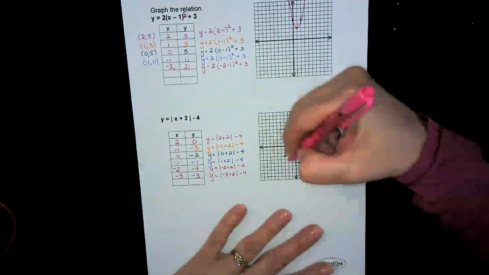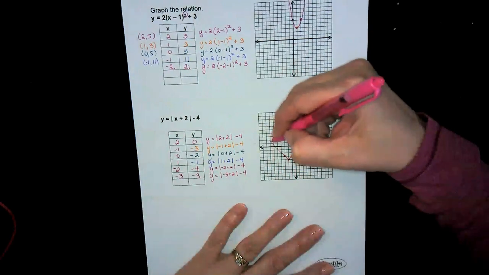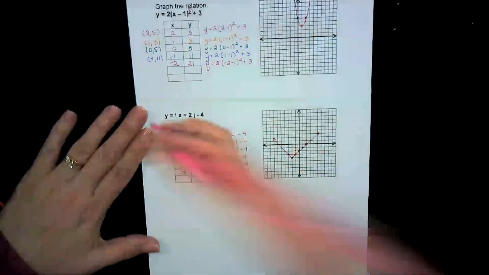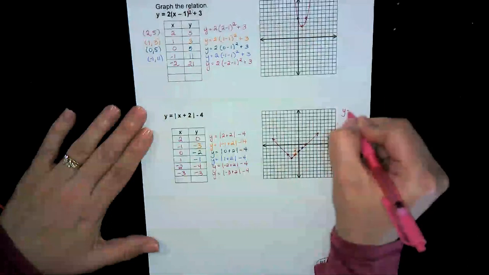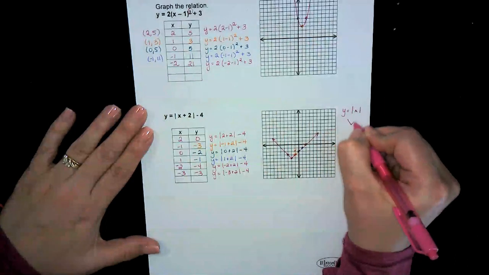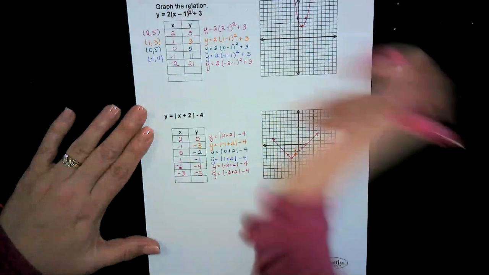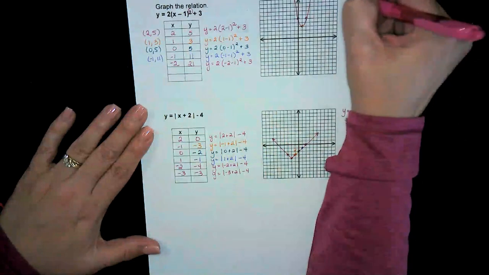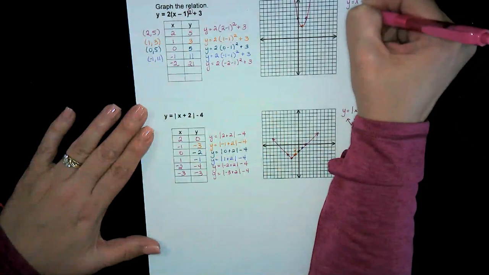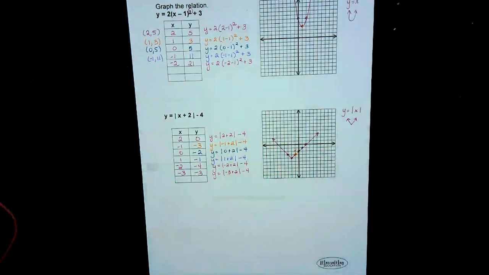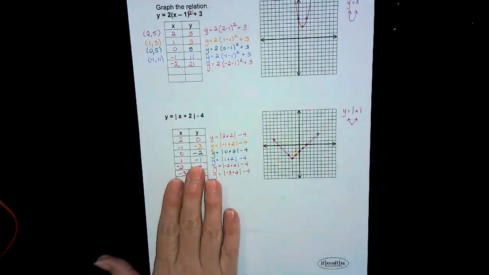And again, the more we study what types of graphs look like, we begin to see that the absolute value of x makes this classic V shape. Just like x to the second makes this classic U shape we call a parabola. But again, the table is a way to start out exploring those kinds of shapes for a graph that we don't maybe know what shape it should take.